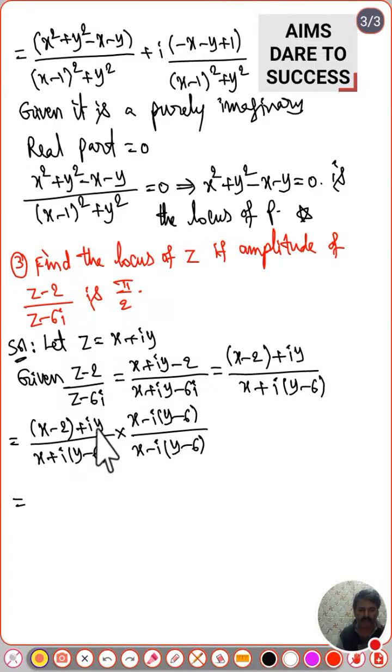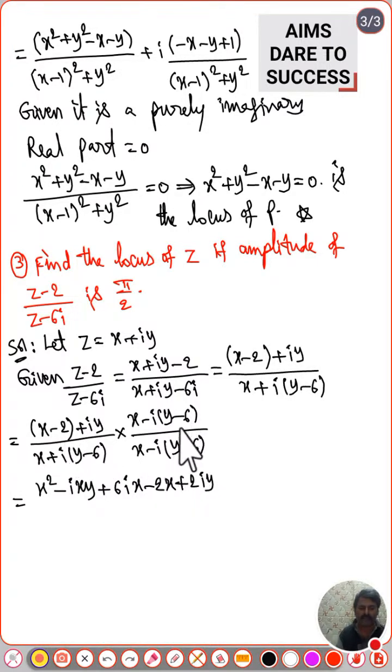So here x into x is x square. Next, minus iy into x is minus ixy. Next, x into plus 6i, that is plus 6ix. Next, minus 2 into x is minus 2x, minus 2 into minus iy is plus 2iy.